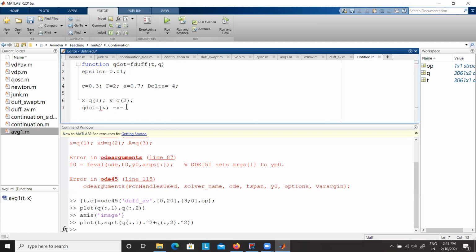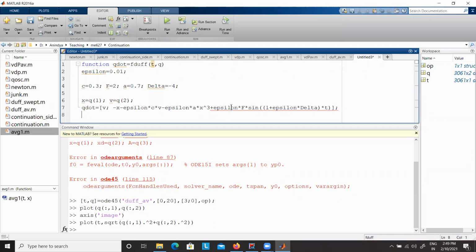Minus epsilon times c times v minus a times x cubed, plus epsilon times f times sine of 1 plus epsilon times delta times t.